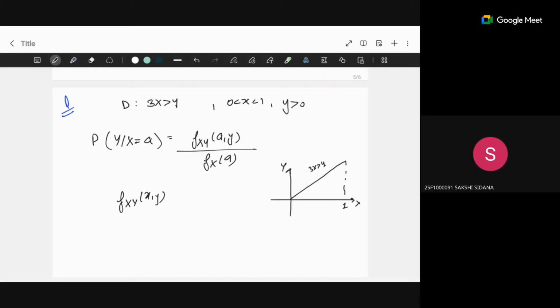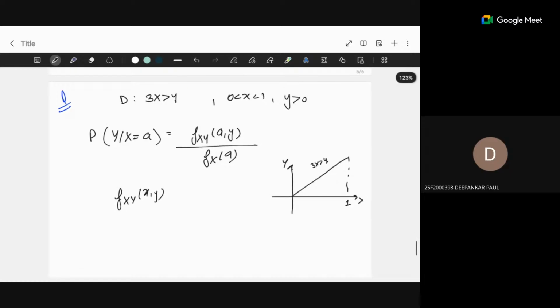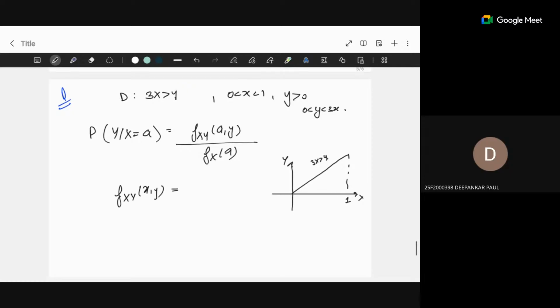Yes. Fine. And 2 by 3. That is 2 by 3. So here my limits of y is actually going from 0 to 2x. Okay.